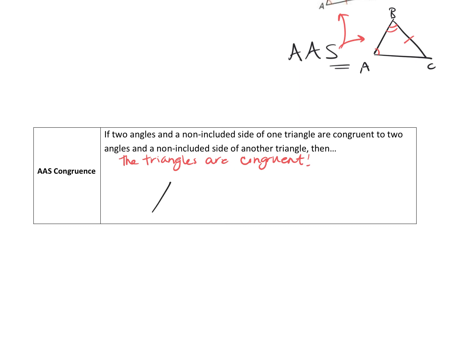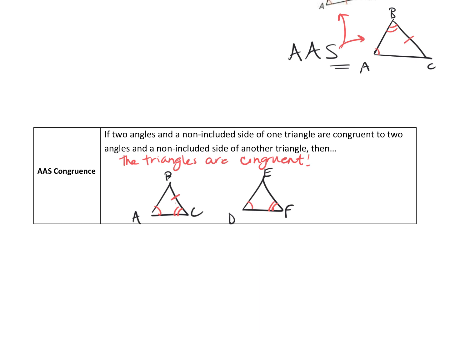So a visual of that, let's say we have triangle ABC, we have triangle DEF. Let's say we know that angle A is congruent to angle D, angle C is congruent to angle F, and then if we have a non-included side congruent, so I'm going to mark side BC.